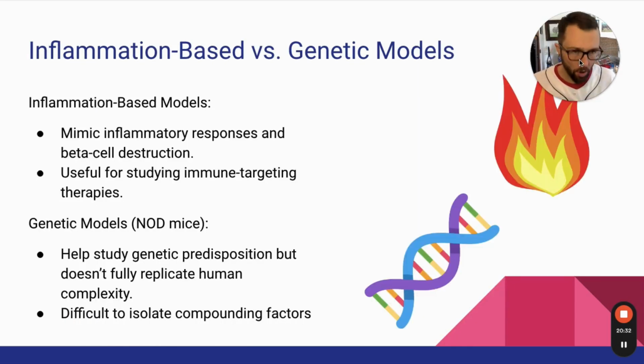There definitely are, but we need to make sure that we are paying attention to the finer details in the human model. So with those inflammation-based models, they're mimicking the inflammatory responses of beta cell destruction and eliciting an immune reaction to try and clean up the beta cell mess. And in that way, it is useful for studying immune targeting therapies, right?